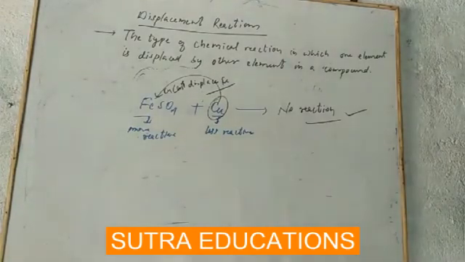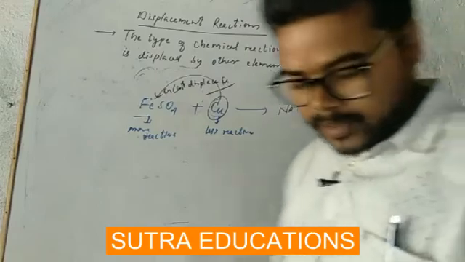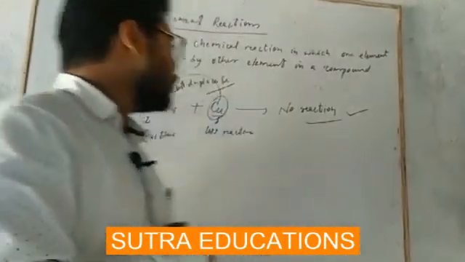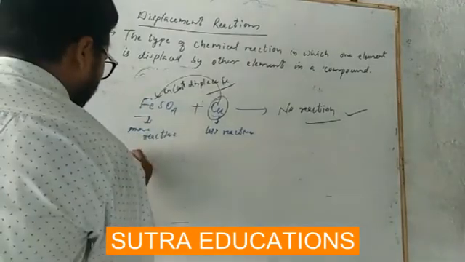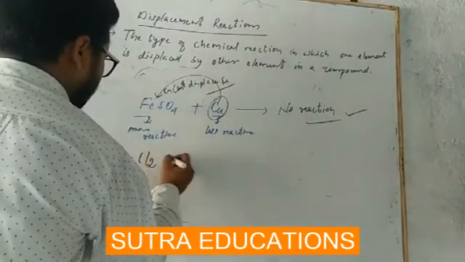If there is one more reactive element, then it will displace the less reactive element. Otherwise, the reaction will not proceed. Now take more examples. Copper chloride plus lead.